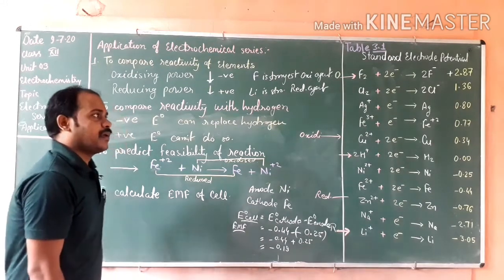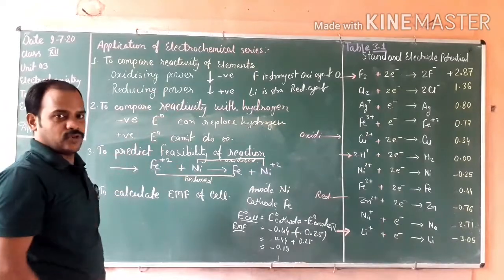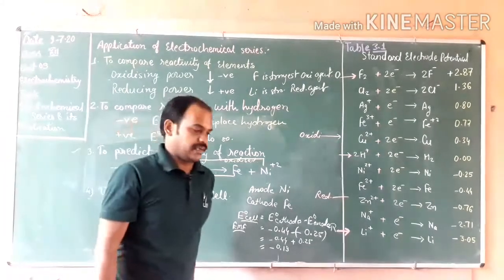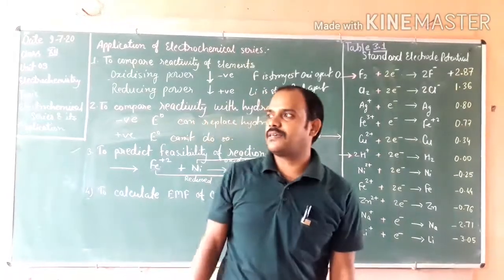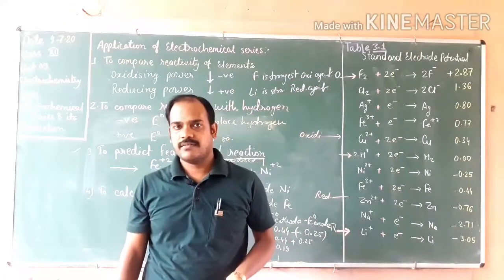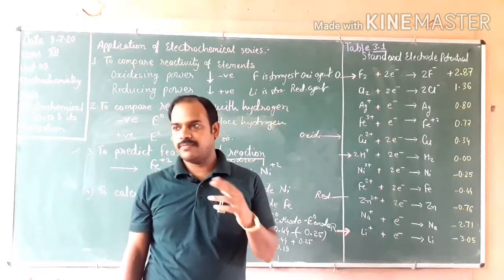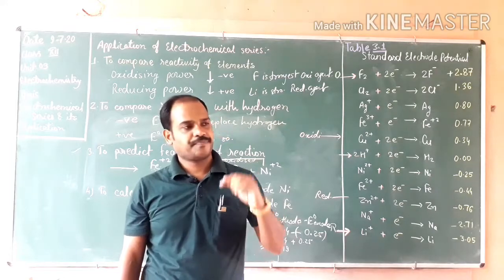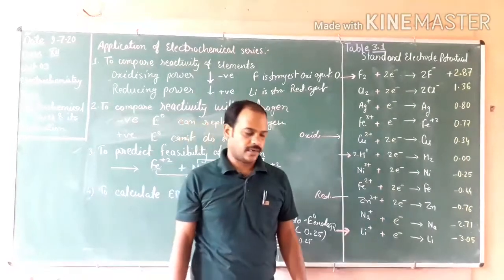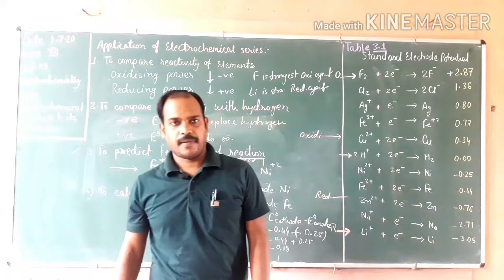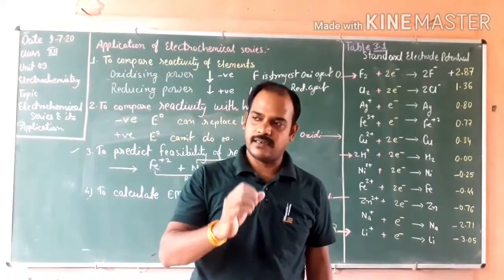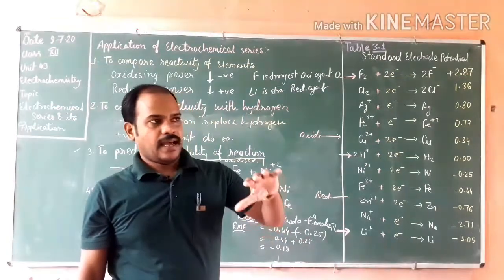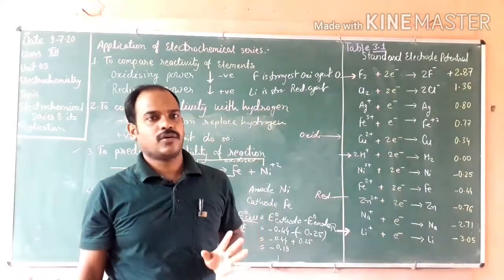Like that, what are some more applications of this series? From this series we can conclude prevention from rusting. In class 10 we discussed how we can prevent rusting by applying paint, means by barrier protection. Second was galvanization, and third is sacrificial protection. In galvanization, iron articles are coated with zinc. So iron and zinc are in contact.